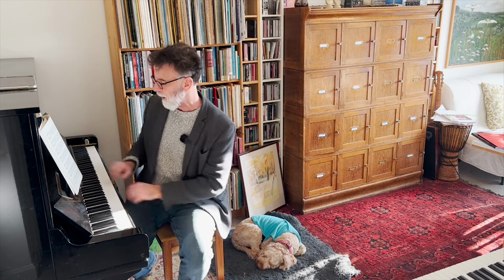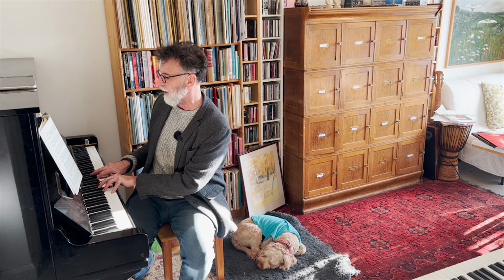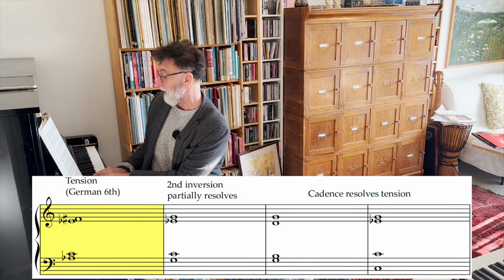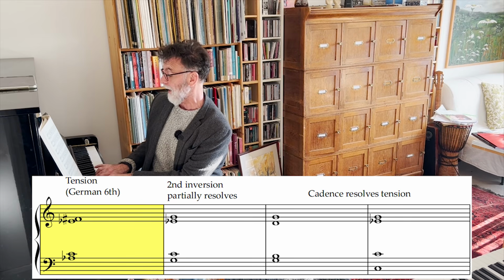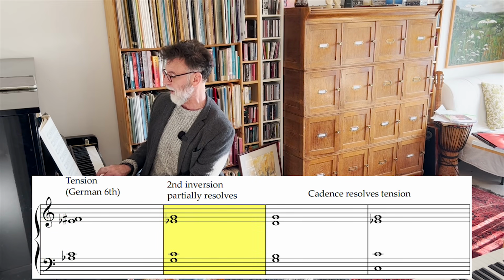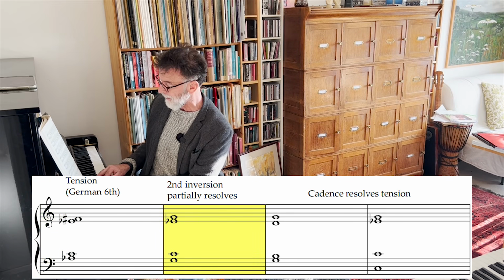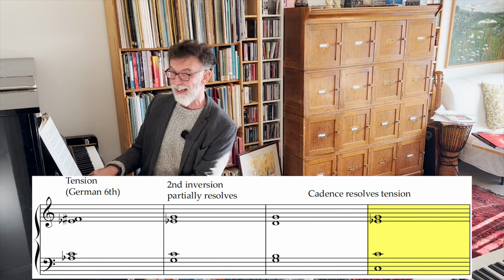It does all the same things as other art forms, perhaps in a more mysterious way, because it's not necessarily verbal, is it? But you've still got a tension that needs resolution, like this German 6th. Well, that is a kind of resolution, but it isn't fully resolved. It needs to land on the tonic.